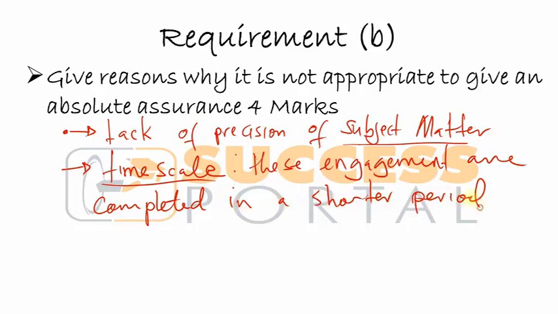Why do we complete in a shorter period? It has to do with financial constraints. We do not have the financial muscle just to do everything. So basically, that's why we are going to do things to do with sampling and whatnot, because we don't have all the time in the world to do the work. We have a limited time.